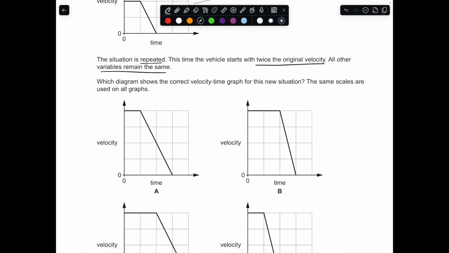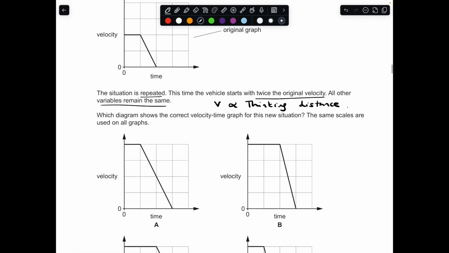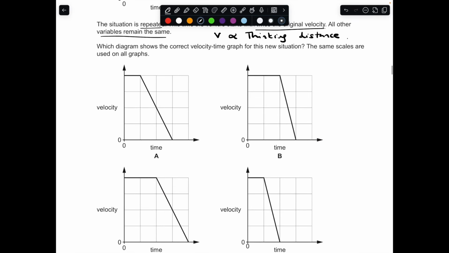The fact that the velocity is twice means that the thinking distance is also going to be doubled. v is proportional to thinking distance. The rest is going to stay the same because we're given that the braking force remains the same, which means the braking distance will also be the same.